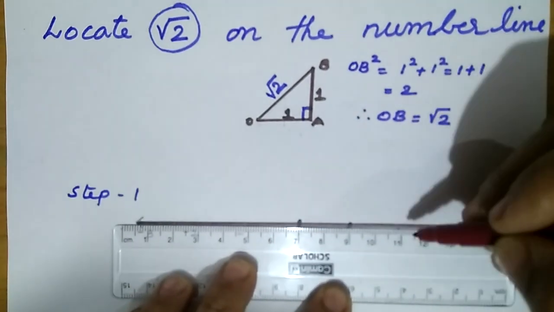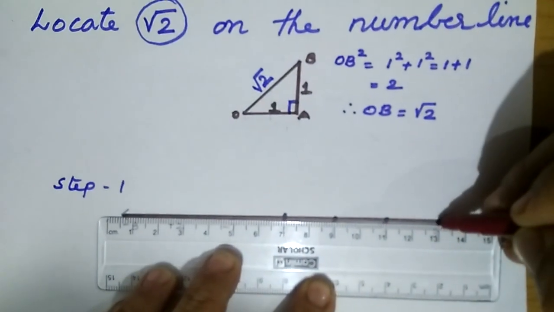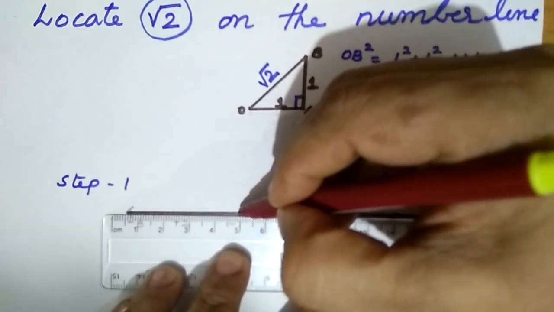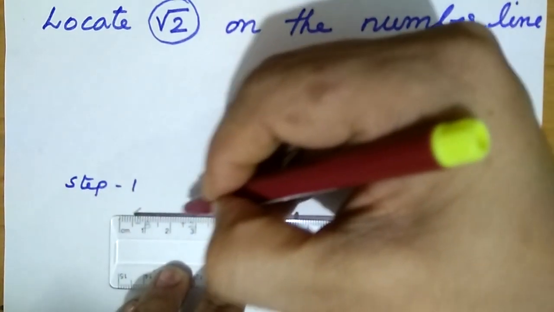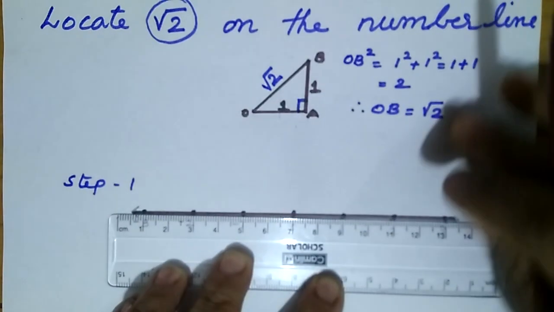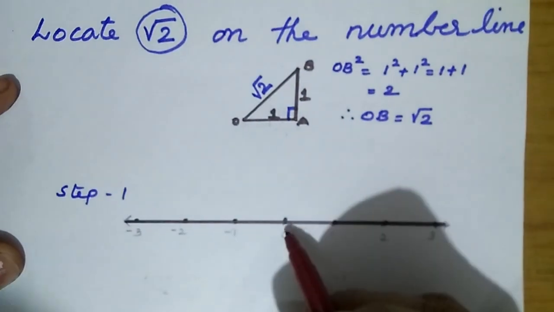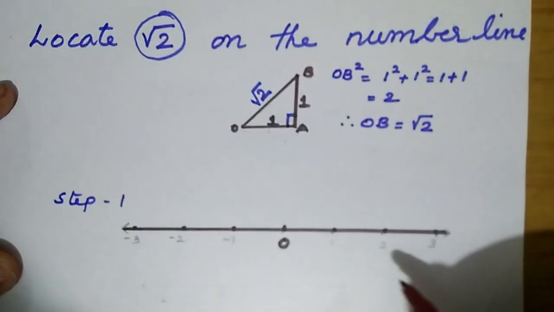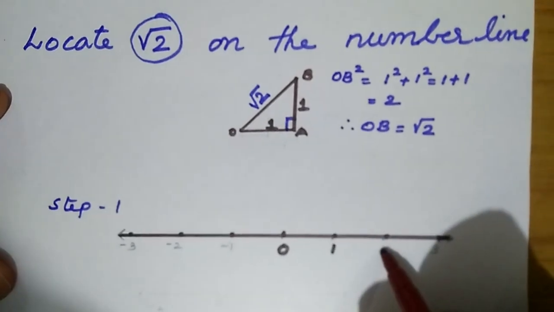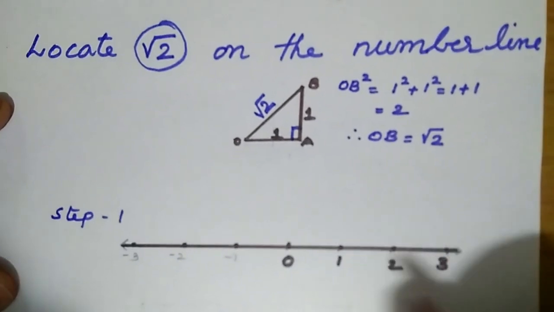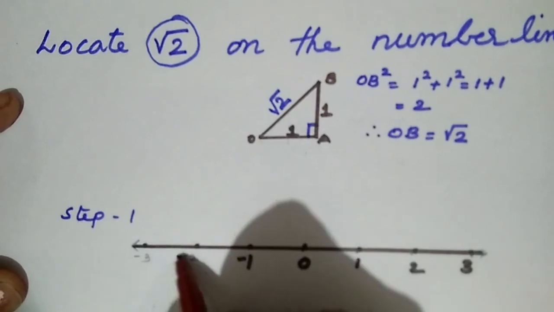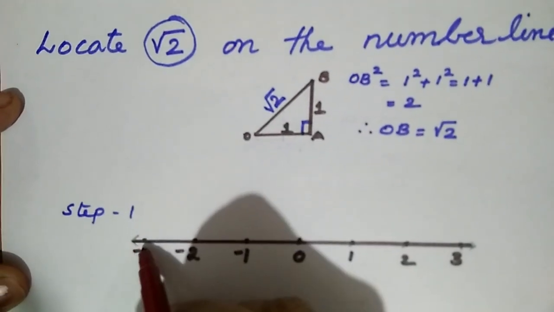One centimeter. Now I mark O as 0, 1, 2, 3, minus 1, minus 2, minus 3.